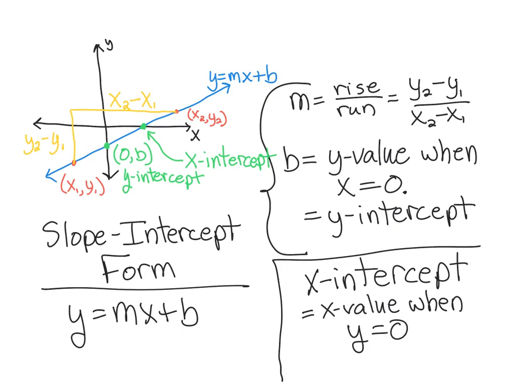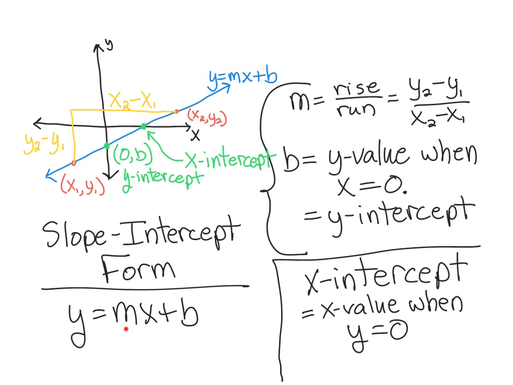Now, slope-intercept form, why is it called that? Because it has the slope and the y-intercept. This is the form I want you to put every single equation of every single line in, because you can look at this equation and know if it's going up or down, whether this is positive or negative. You can know if it's steep or shallow.